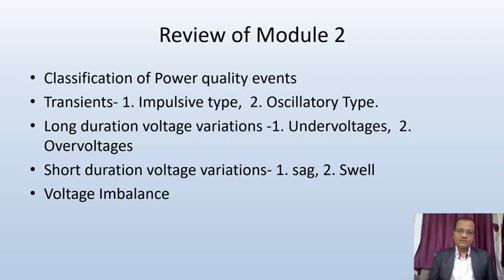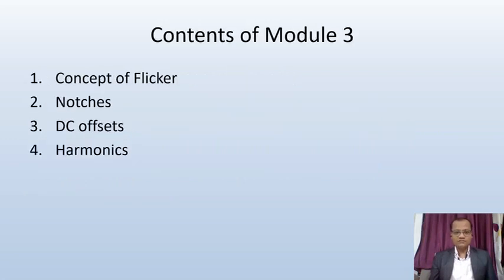Then we discussed the long duration voltage variations, that is undervoltages and overvoltages. Next topic was short duration voltage variations, that is sag and swell, and finally we studied what is meant by voltage imbalance in a three-phase system.